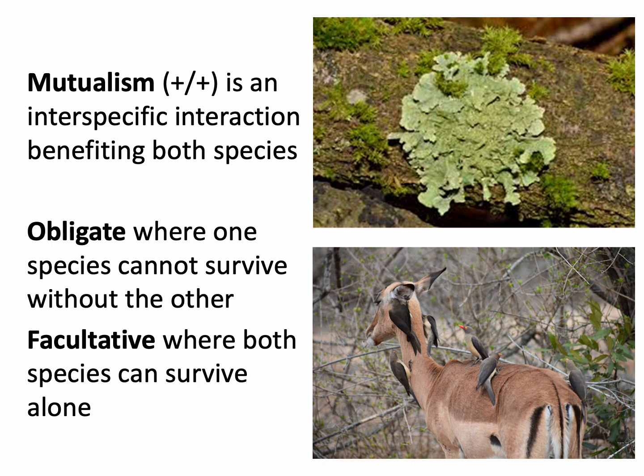They'll land on them and they'll feed. And the impala is going to tolerate it because it's basically getting groomed, right? It's getting cleaned of all its parasites. The oxpeckers benefit because they get to eat, right? Now an impala can go out and live its own life. Oxpeckers can go out and live their own life, but they'll get together when necessary to mutual benefit. So mutualism is plus/plus.